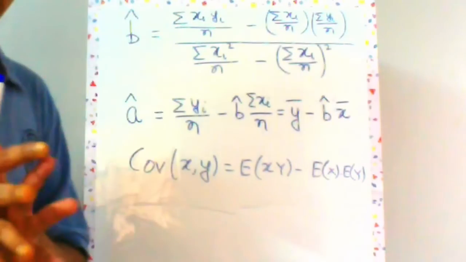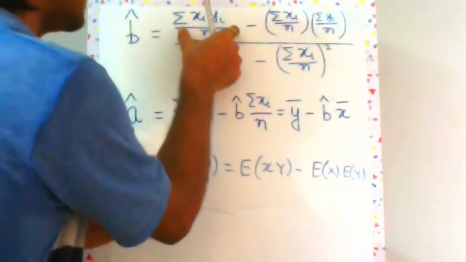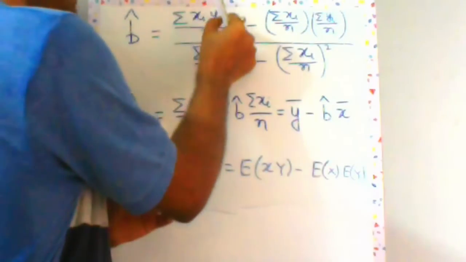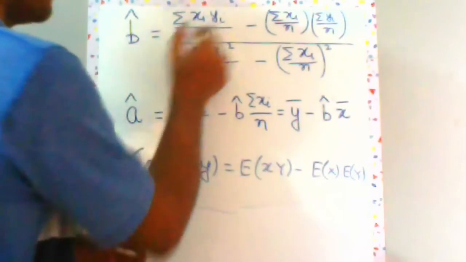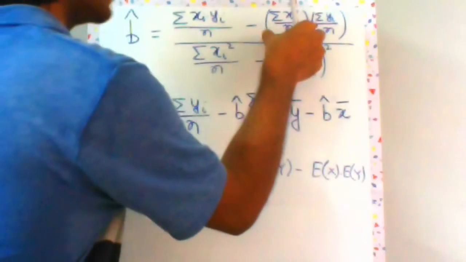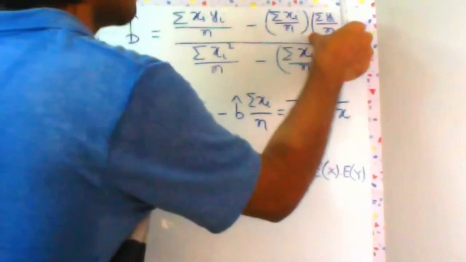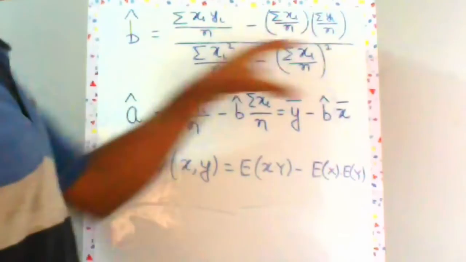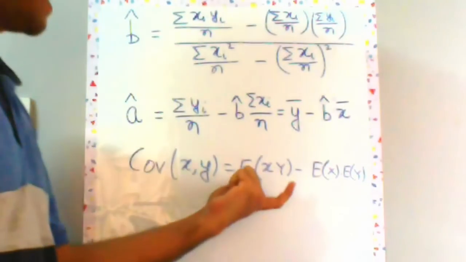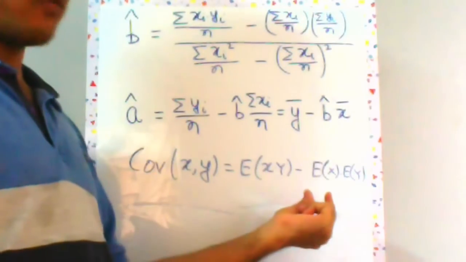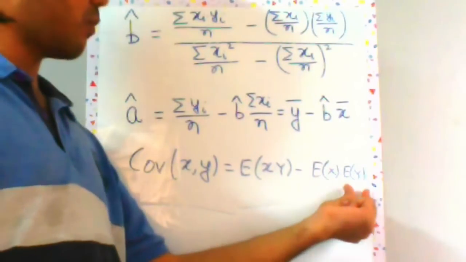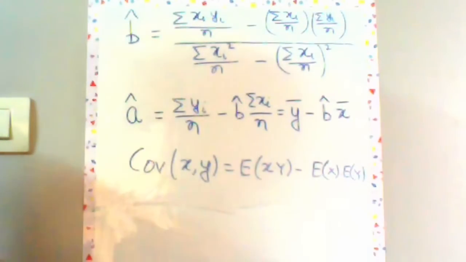If that is the case, this thing is the average of xi yi, or simply the expected value of xy, and over here I have the expected value of x and expected value of y. So the numerator can be thought of as expected value of xy minus expected value of x into expected value of y, or simply the covariance of xy.